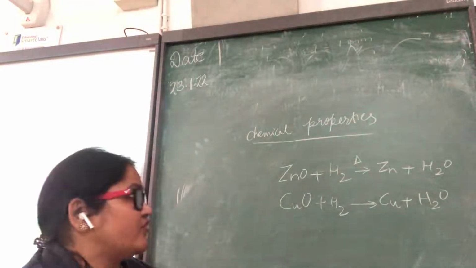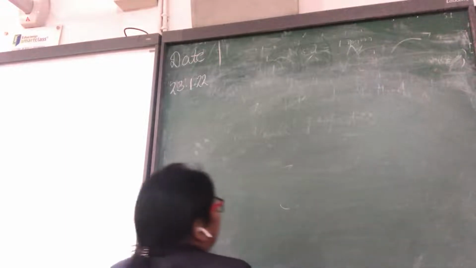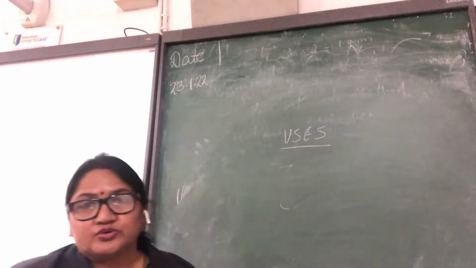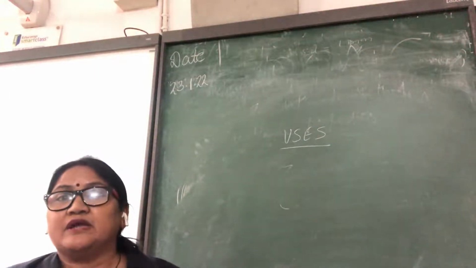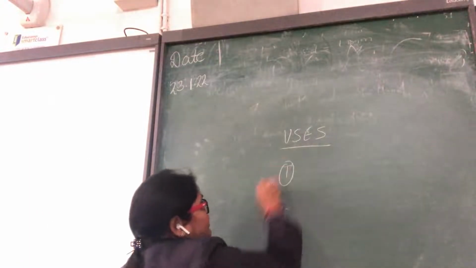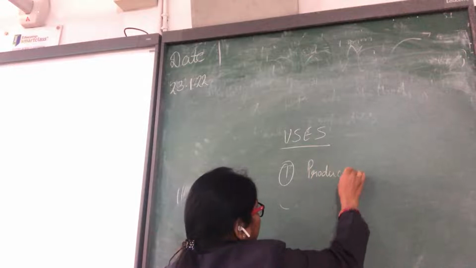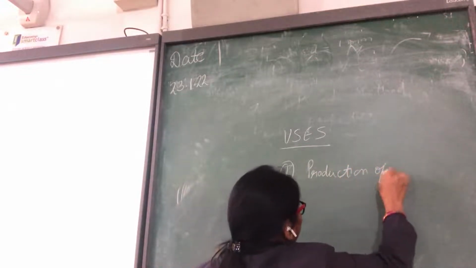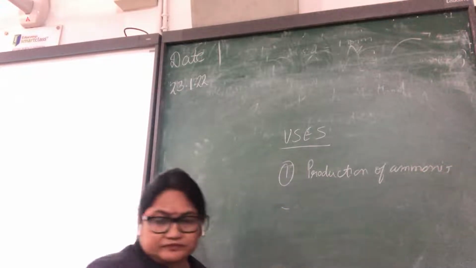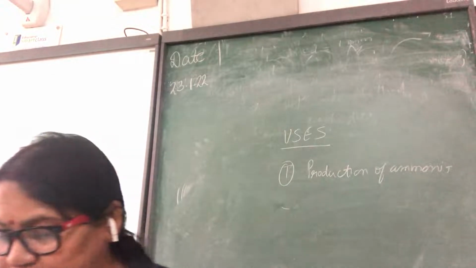So uses of hydrogen now. As I told you just now, through the Haber's process we can do large production of ammonia. So number one use is in the production of ammonia. Then as I told you earlier, it was used in weather balloons also.